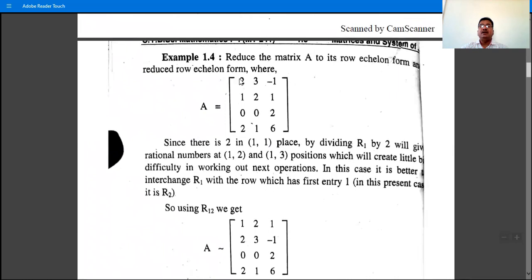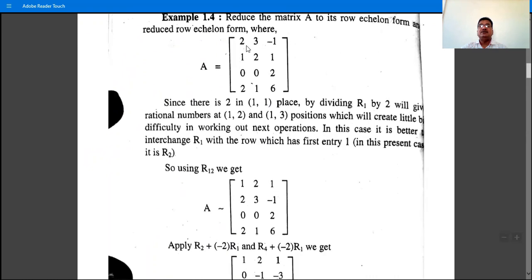Reduce the element 1, these two 1. So just interchange the first row and second row, because there is a 1 at this place. Don't apply the 1/2 R1 operation. What happens if we apply 1/2 R1? Then we have 1 at this place, but we have at this place 3/2, and at this place -1/2.